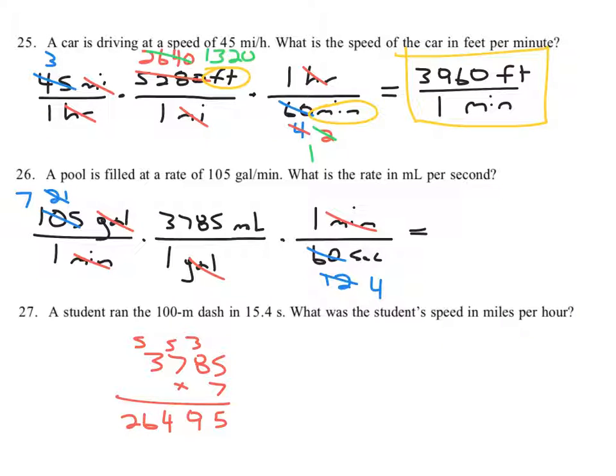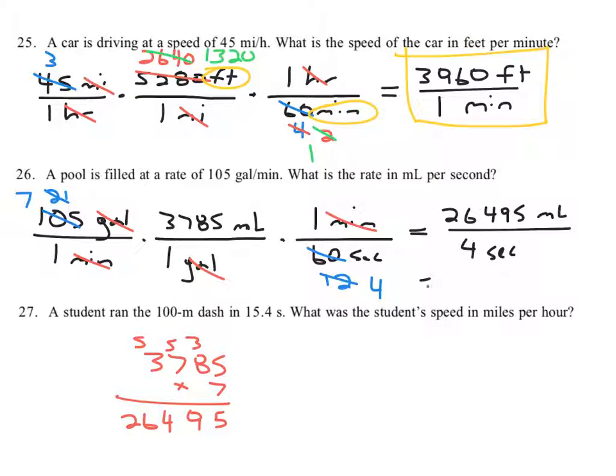And that is then 26,495 milliliters every 4 seconds, because there's still a 4 on the bottom.